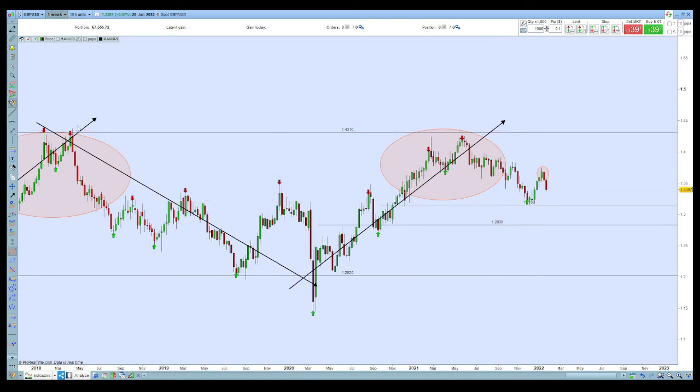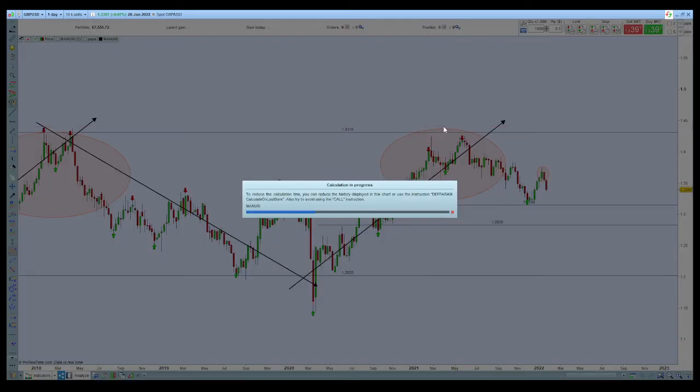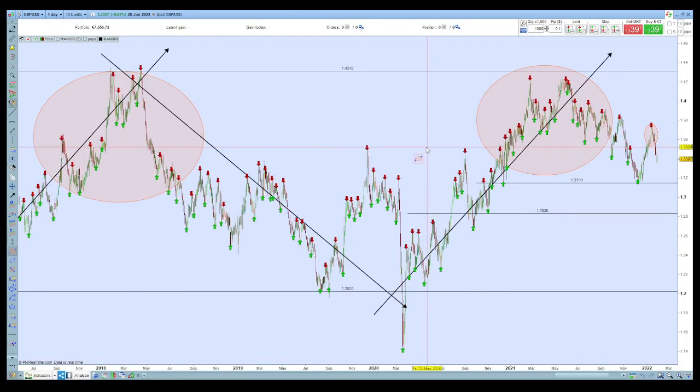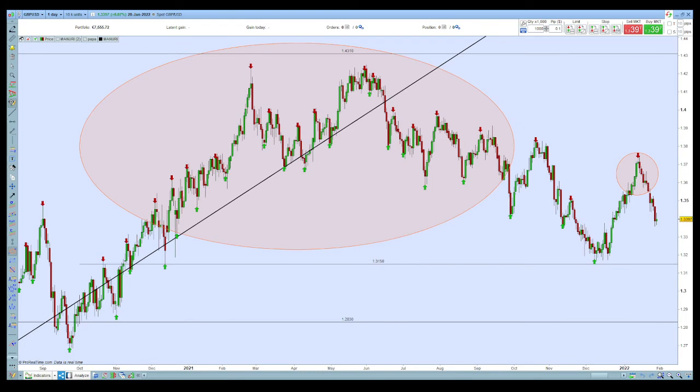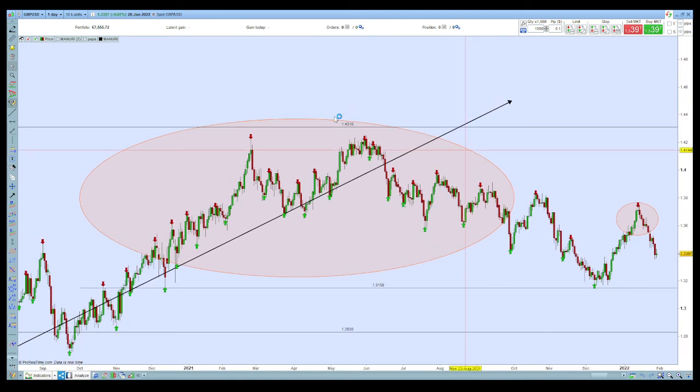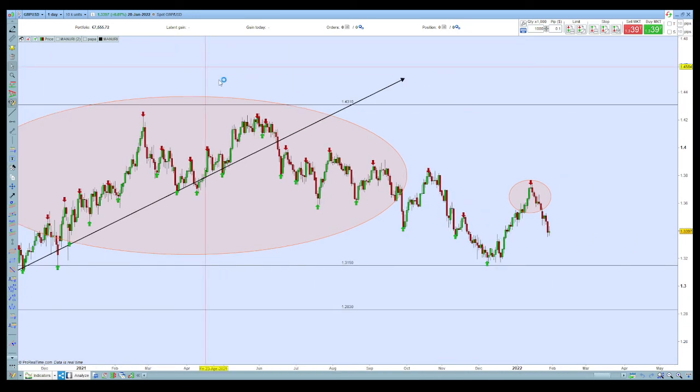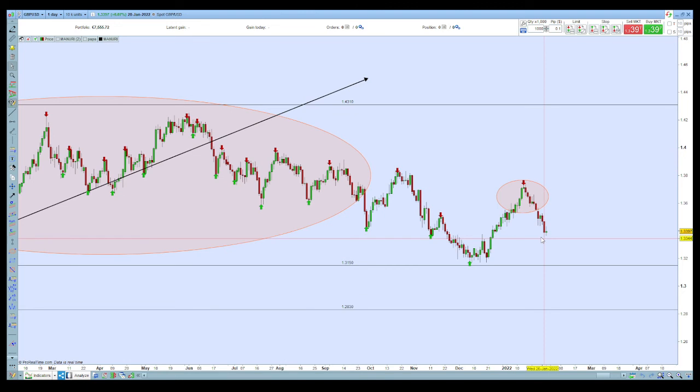Let's have a look on the daily. On the daily, we can see the signal has been triggered here. Okay, on the short side, and also we are looking at a minor support here.